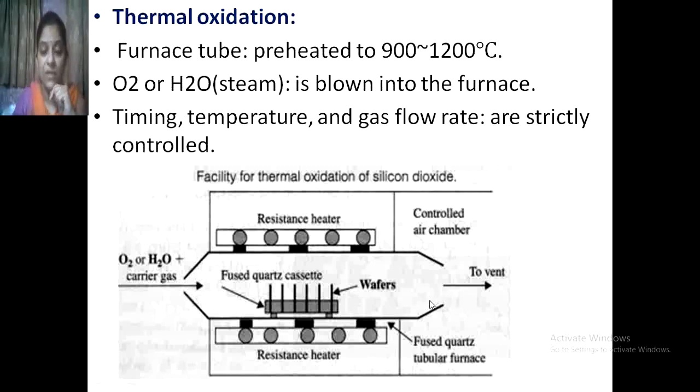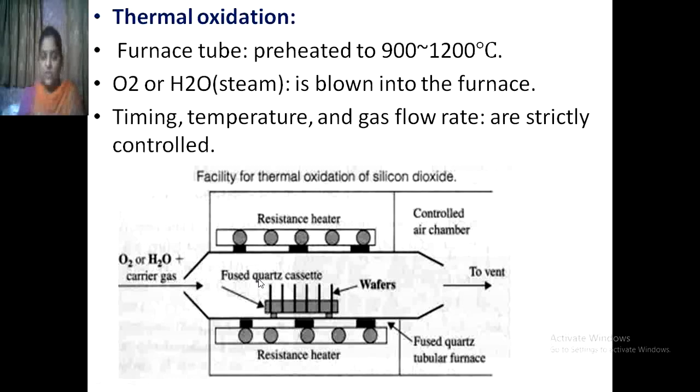Then the O2 or H2O steam is blown into the furnace. Timing, temperature and gas flow rate are strictly controlled. Whatever the process requires, the outer temperature of this case and the gas flow are strictly controlled.